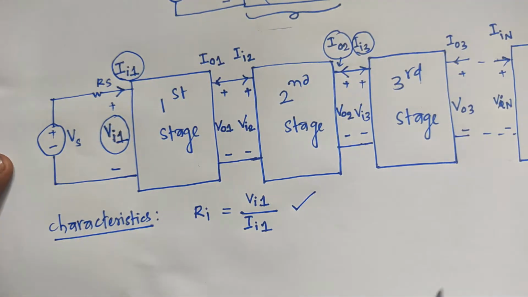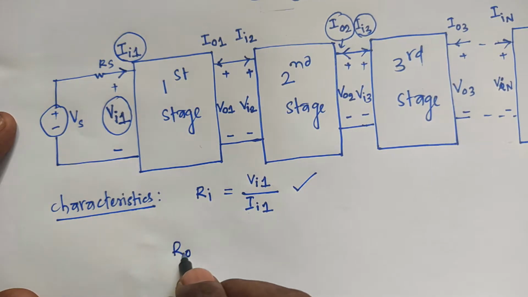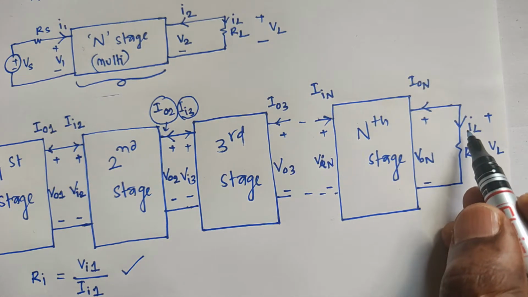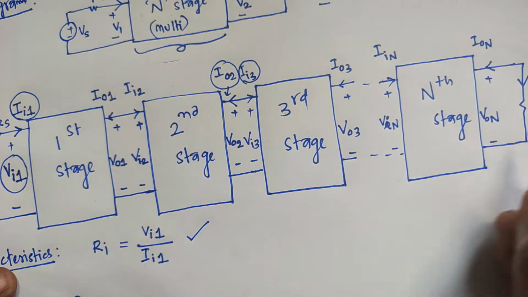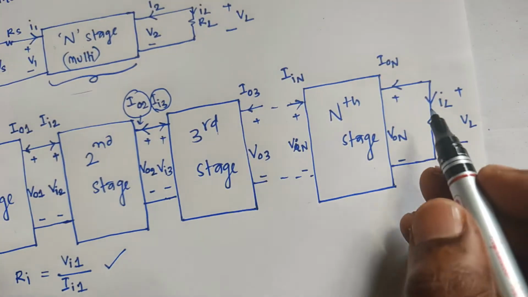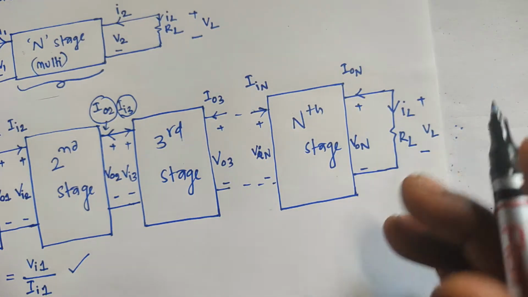Like that you can calculate the input characteristics. Similarly, the overall output impedance: the output voltage is VL and the output current is IL, so VL by IL.